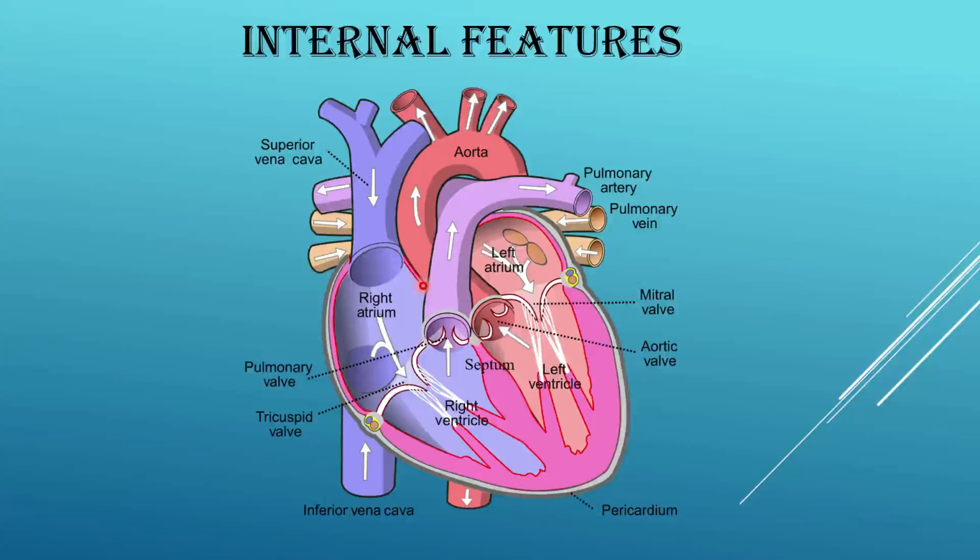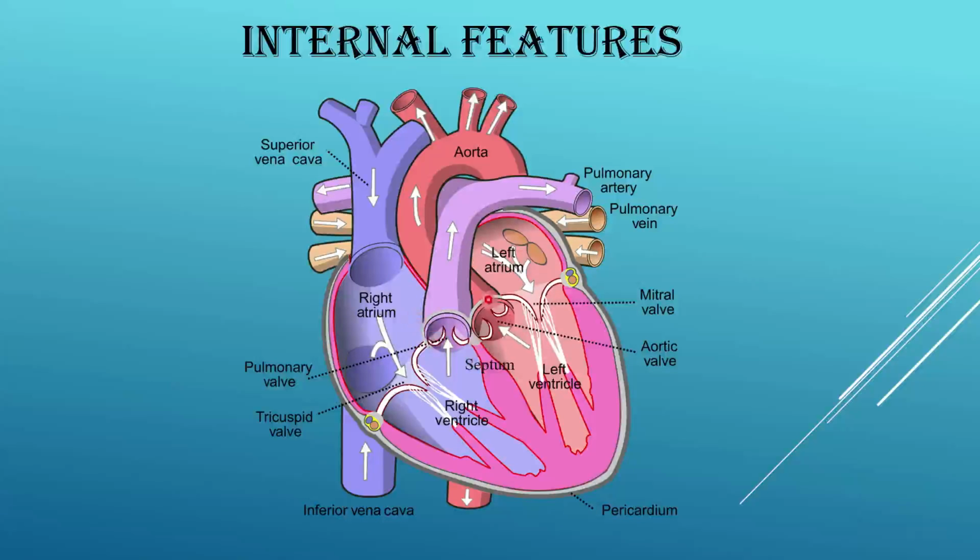Of course, at the time of birth, there is a small opening here which helped in transporting blood to the left auricle in the embryonic stage in the womb of the mother, through which the blood from the right atrium passes to the left atrium because the lung is not functional in the womb.